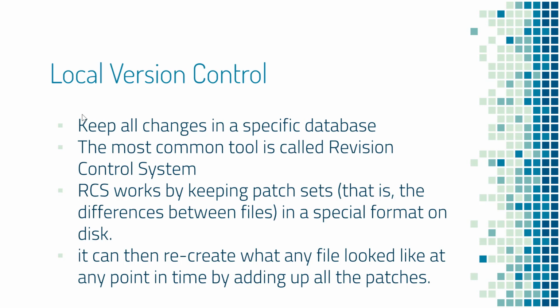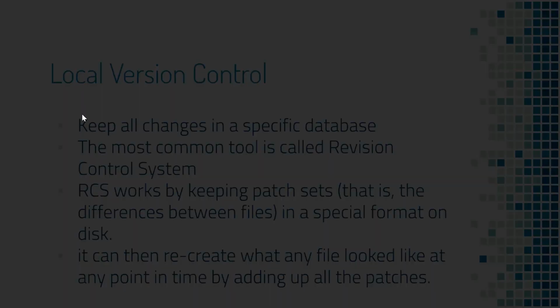The most common tool is called Revision Control System, or RCS. The way RCS works is by keeping patch sets, which is the difference between version 1 and version 2 of the file. From these differences, we can reconstruct the file and revert back to any previous version.